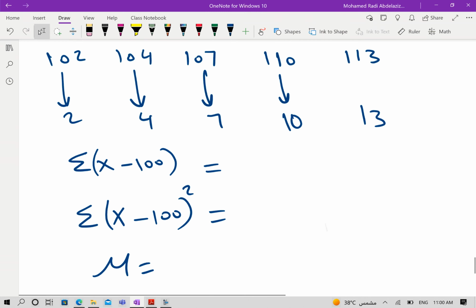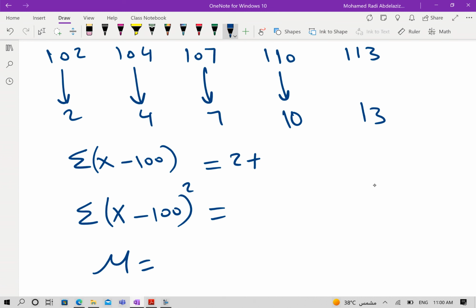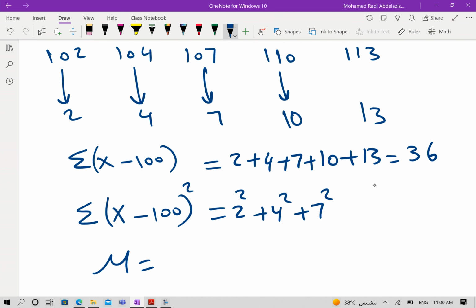For summation of x minus 100, it's 2 plus 4 plus 7 plus 10 plus 13. So the answer is 36. Square it: 2 squared plus 4 squared plus 7 squared plus 10 squared plus 13 squared. So the answer is 338.